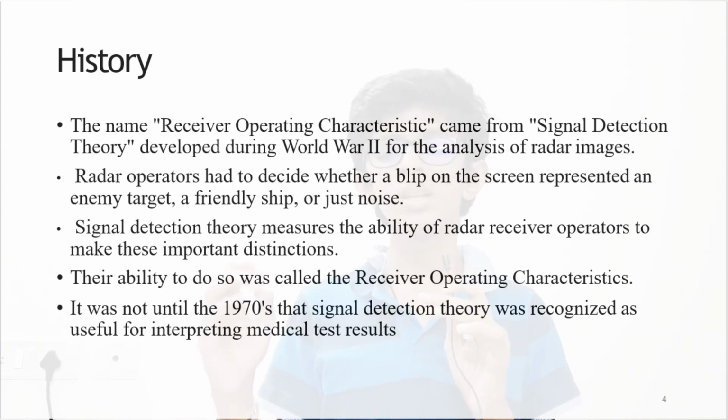Signal detection theory measures the ability of radar receiver operators to make these important distinctions. Their ability to do so was called receiver operating characteristics. It was not until the 1970s that signal detection theory was recognized as useful for interpreting medical test results.